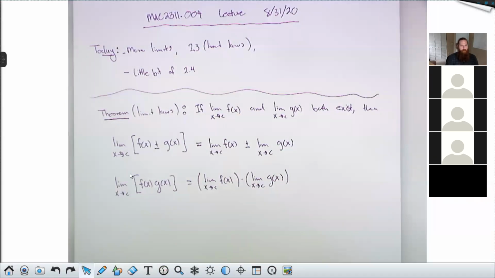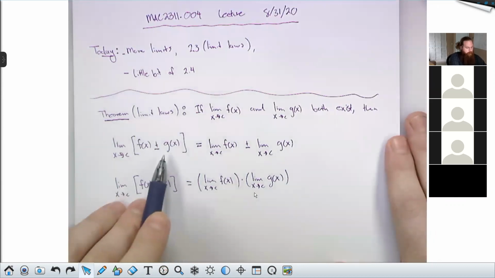So maybe it's hard to see, maybe you don't know what the graph of f times g looks like, so you can't tell what that limit would look like on its own, but you do know what the graph of f looks like, you do know what the graph of g looks like, so you could calculate each of those limits on their own. And this rule tells you that the limit of the product is the product of the limits. So you can just take each of those limits that you could calculate on their own and multiply them, and that would work just fine.